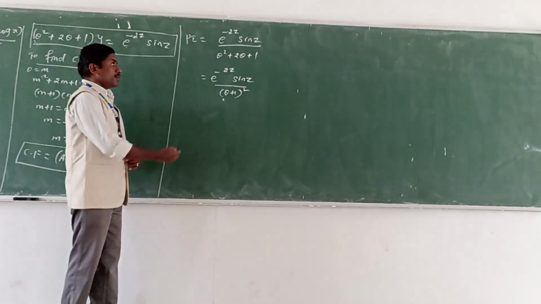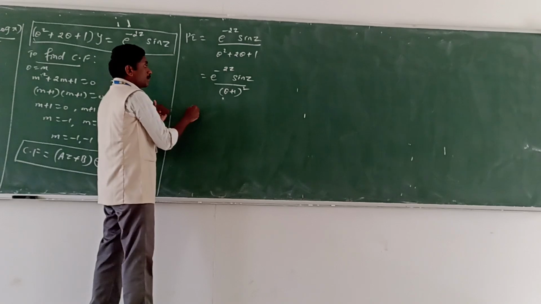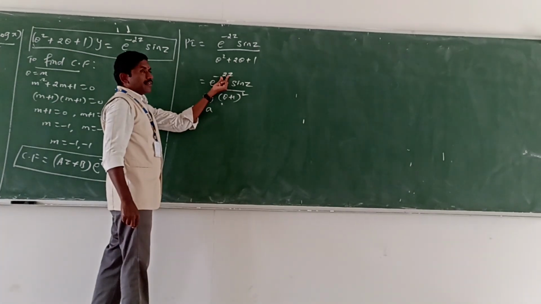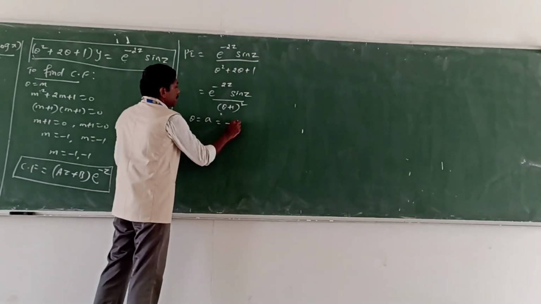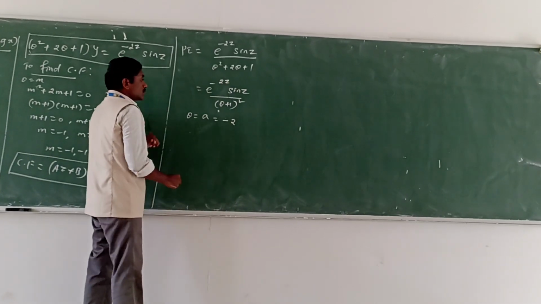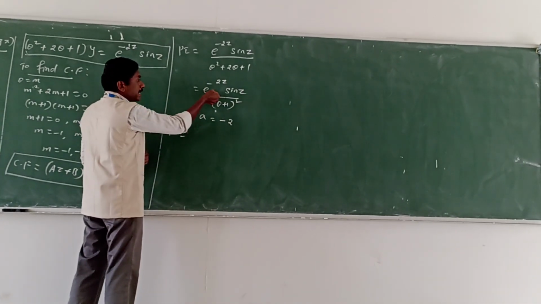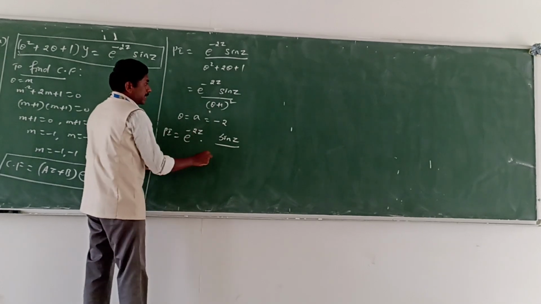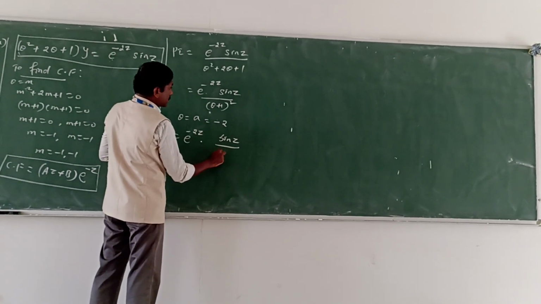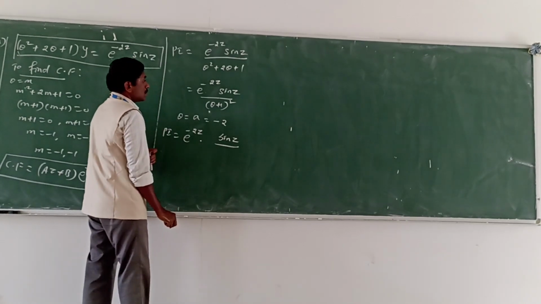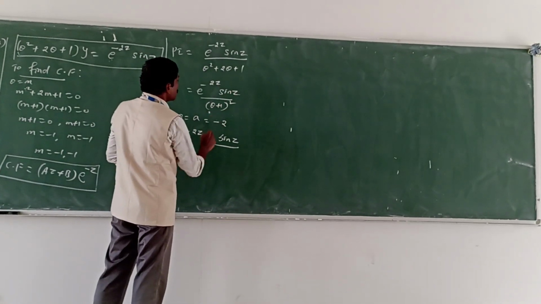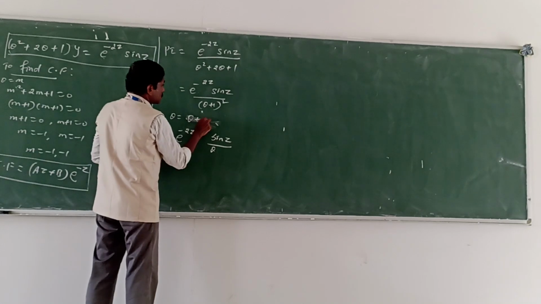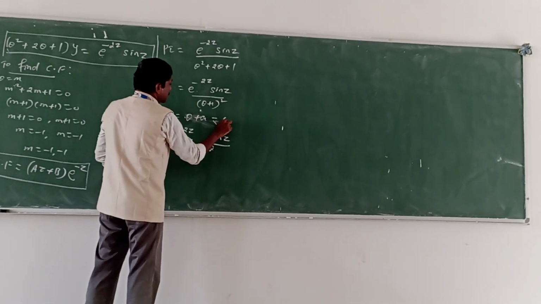In this type of PI value, first take out the exponential function by the substitution theta equal to theta plus a, where a is the coefficient of z in the exponential function, that is minus 2.